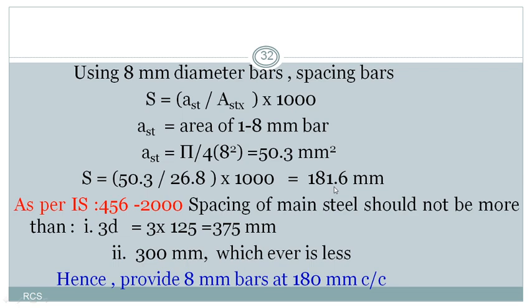After calculating that, we will get the spacing as 181.6, and 3 times effective depth is 375 and another limit is 300 mm. So among these three we have to provide whichever is the least. So the least is 181.6, so we can round it to 180 mm. Hence provide 8 mm bars at 180 mm center to center distance.